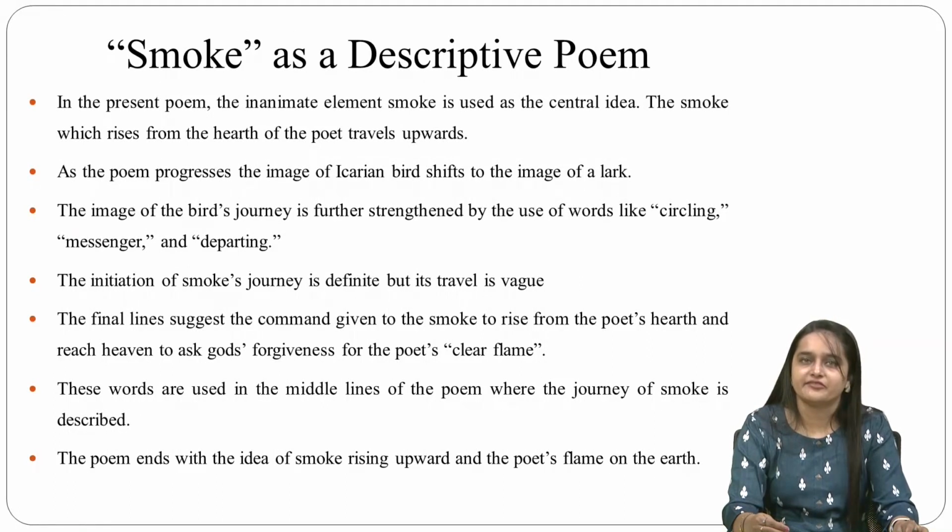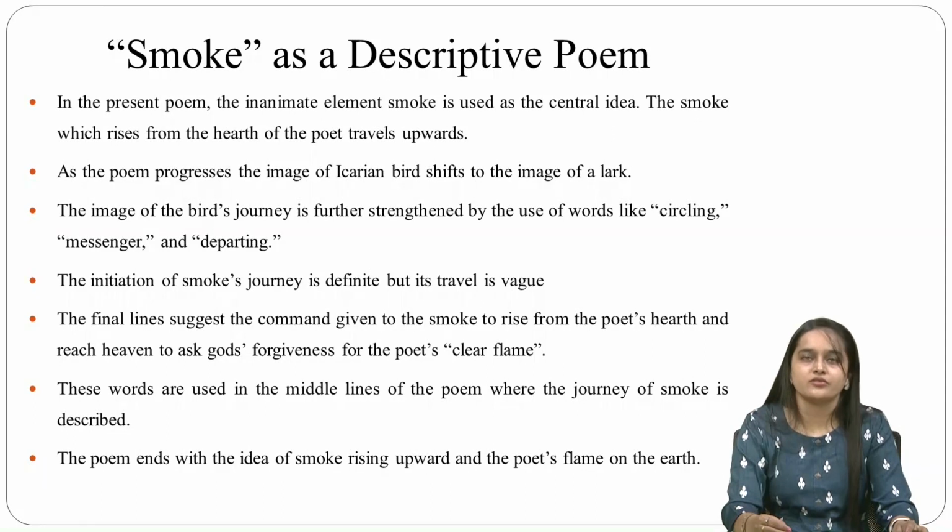Here, clear flame may suggest the artistry of the poet, which is now devoid of any impurities, but initially was an act of defiance, as suggested in the first few lines of the poem.